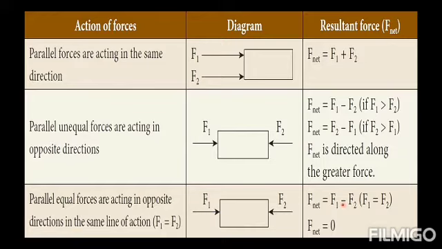See, look at this tabular column and learn how to change the formula. Whichever side the greater force is on, that you have to write first. Okay, students. So, F resultant equals F1 minus F2. If the forces are in the same direction, you have to add; in the opposite direction, you have to subtract.